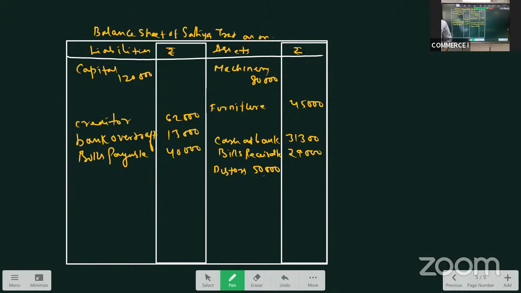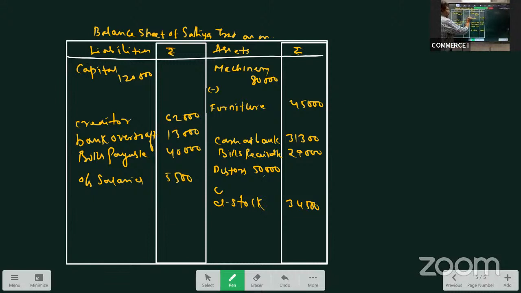Now coming to the adjustments. Closing stock is 34,500. Outstanding salary is a liability, 5,500. Depreciate machinery at what rate?